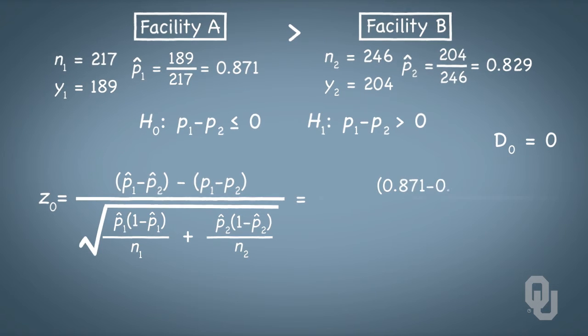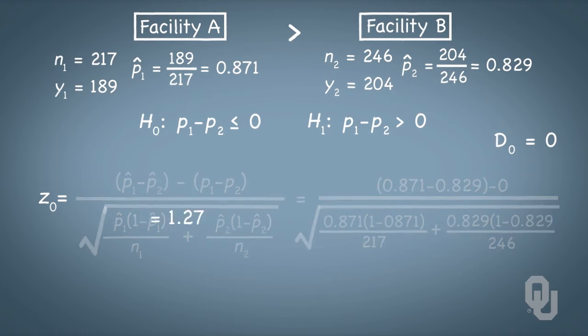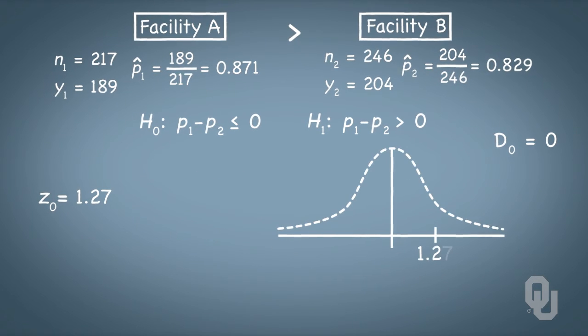We plug the sample proportions and sample sizes into the test statistic equation, and we find that Z0 is 1.27. We find the p-value associated with this one-tail test is the area above 1.27 on the z-axis, or 0.102.